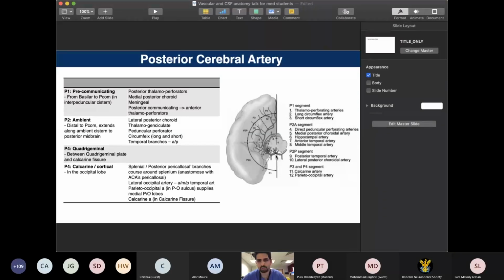So again, posterior goes from its origin to where PCOM joins, and then from where the PCOM joins to the posterior midbrain, you've got the mesencephalic sulcus, and that's what divides P2 to P3, and then P3 travels in the quadrigeminal up until it reaches the free edge of the tent, and then goes up to provide the calcarine and the parieto-occipital arteries.